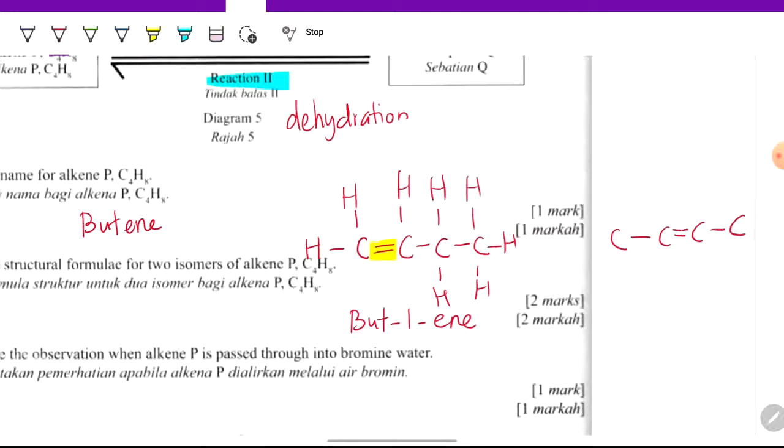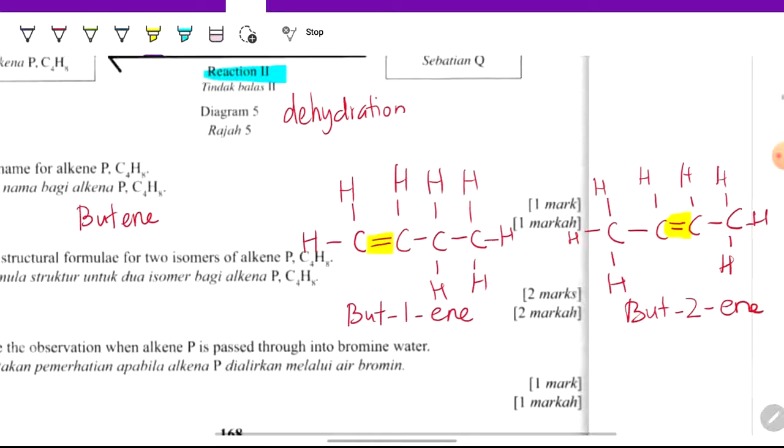So the double bond shifts to the second carbon, so it becomes but-2-ene. So the carbon-carbon double bond is at carbon number 2.